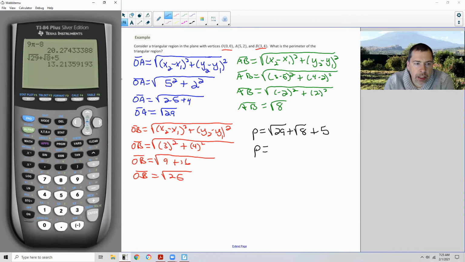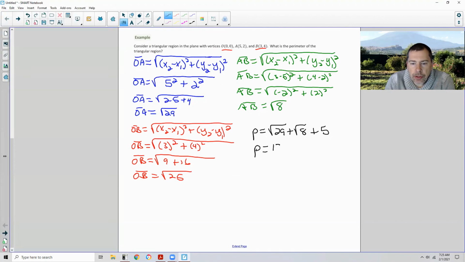And we're going to get an approximation of 13.21. So P is approximately 13.21 units. And since I approximated, I should have my approximation symbol.